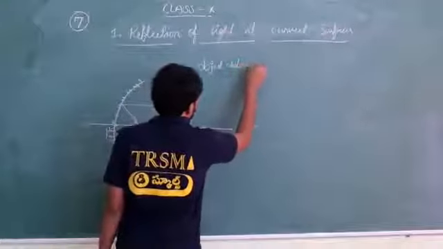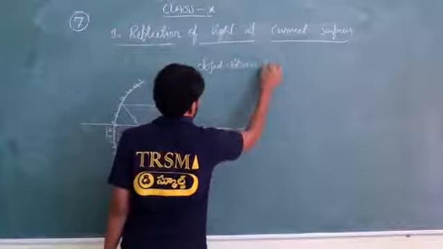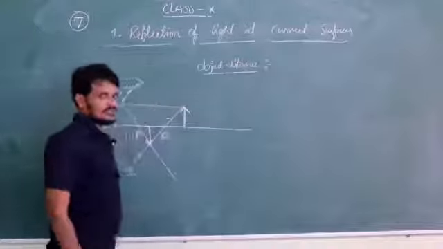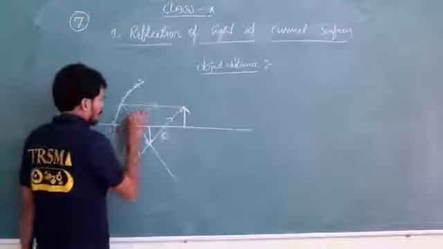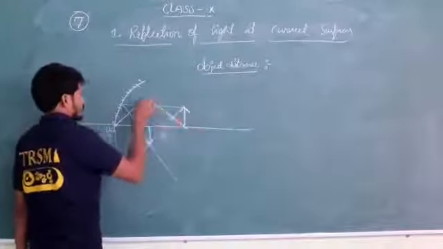These all terms are very important. What is object distance? The distance between pole and object position.